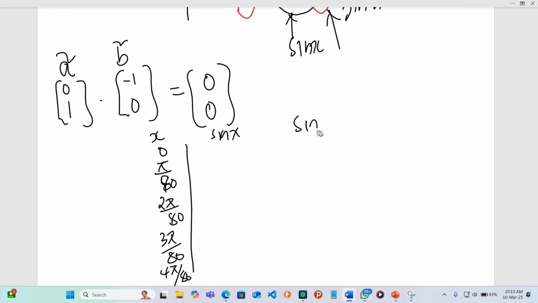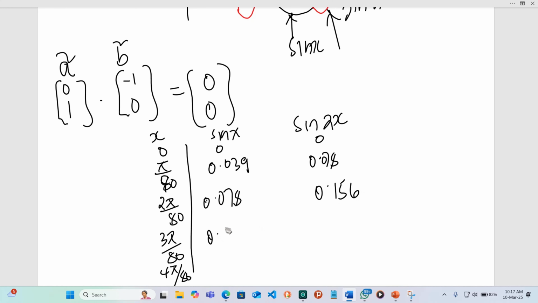So let's look at sine x and sine 2x. This is 0 and that is 0. And this is 0.039 and this is 0.078. Then this is 0.078 and this is 0.156.